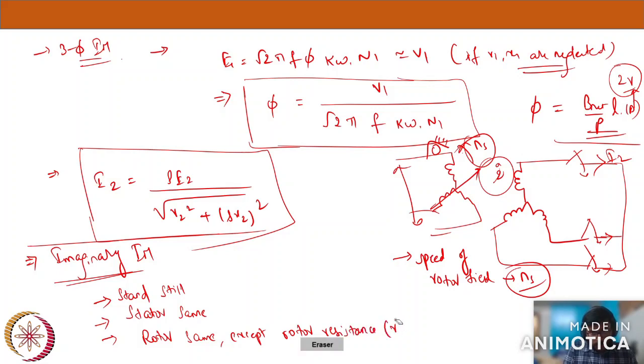R2, rotor resistance, R2 by slip. You are exactly correct, but what is this value of the slip? Because I already told you the imaginary induction motor is in a standstill condition, so where is this slip coming from?